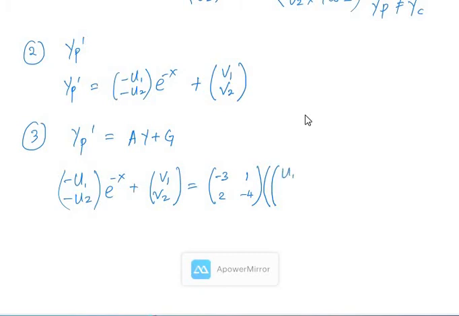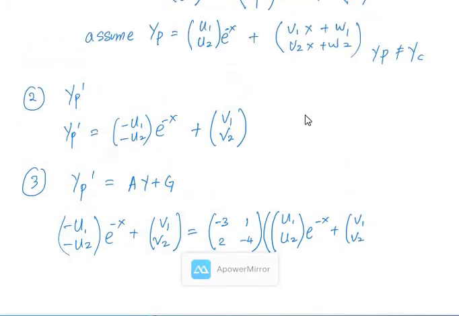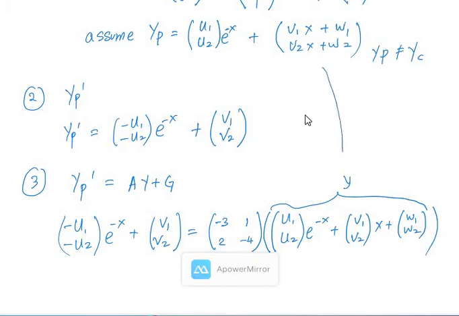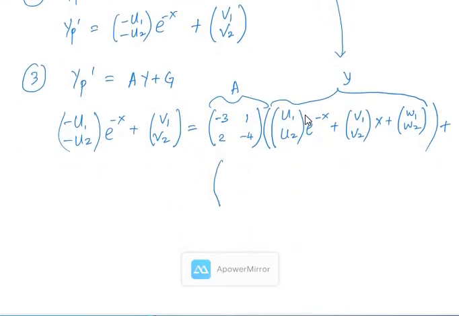So you have u1, u2, exponent negative x plus v1, v2, x plus w1, w2. So this part we call yp. And this part is the A, so Ay plus g. g is 0, 1, exponent negative x plus 1, 0, x. So this part is g.